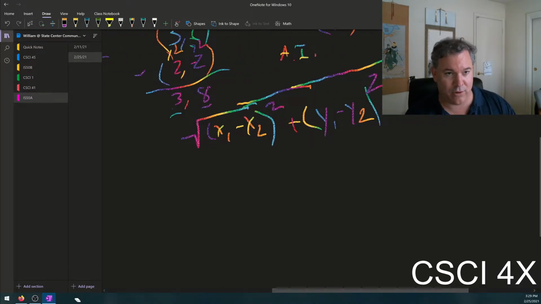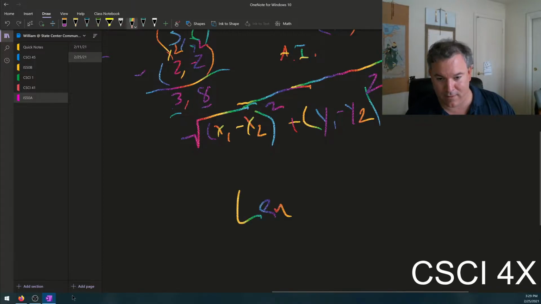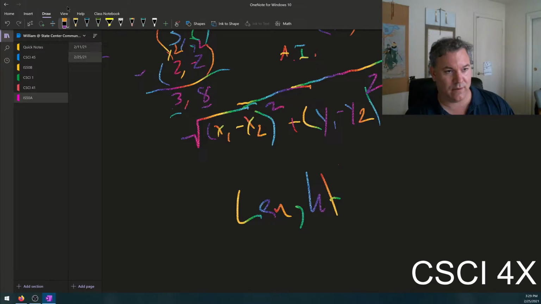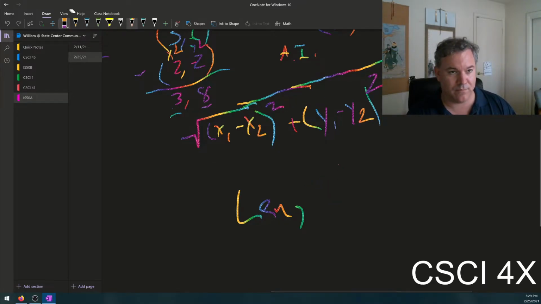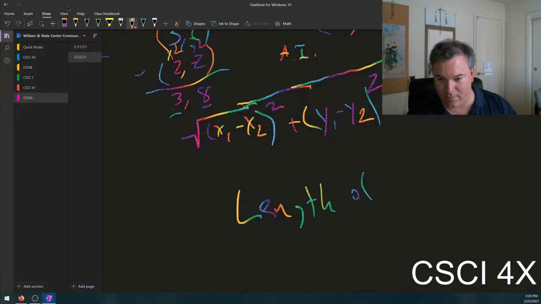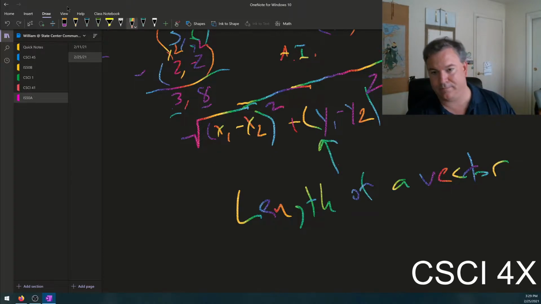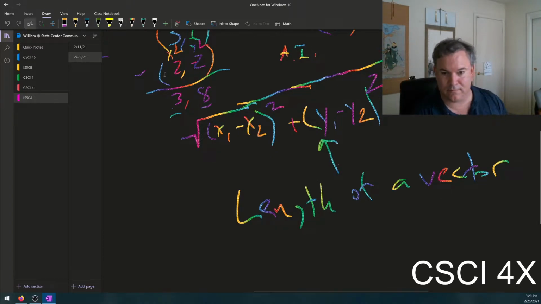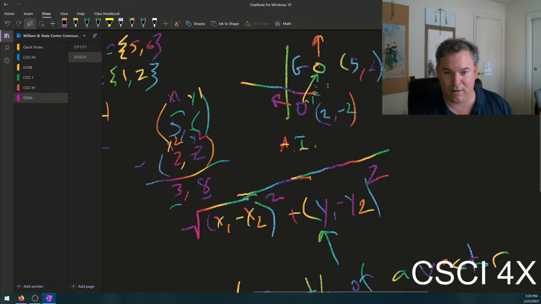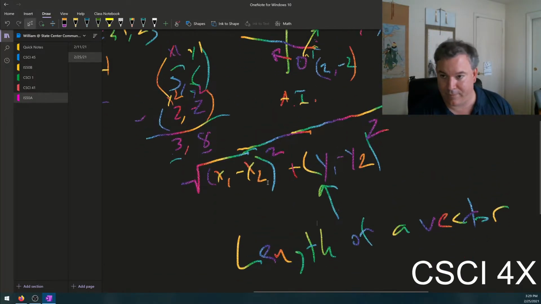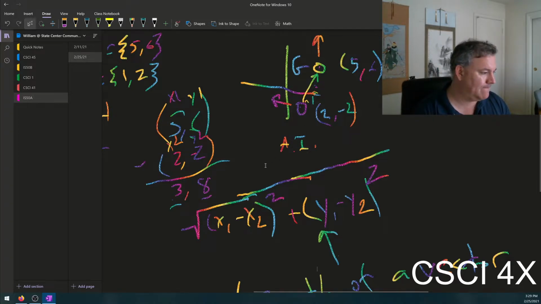This is the equation for the length of a vector. It's just the Pythagorean theorem.